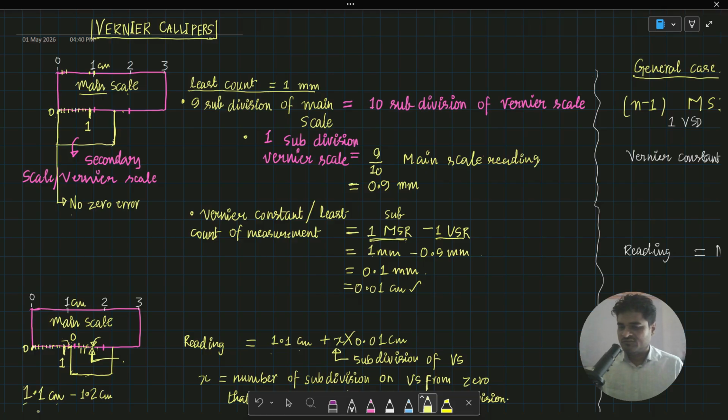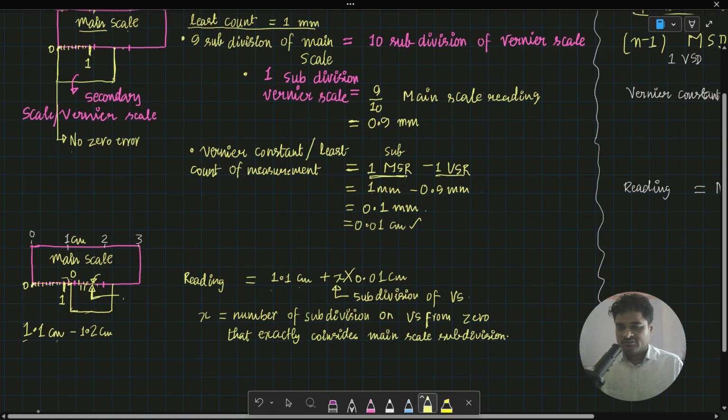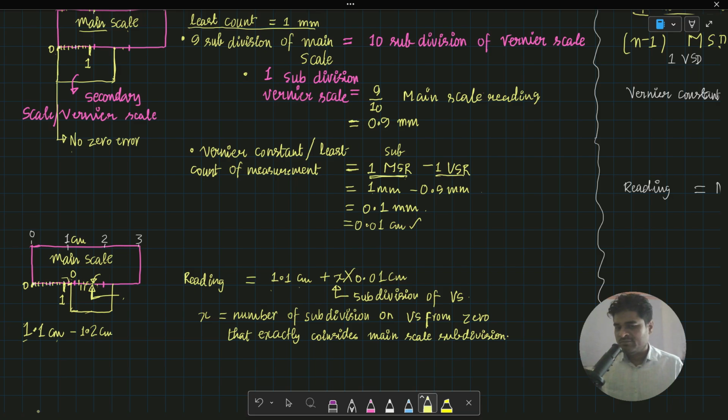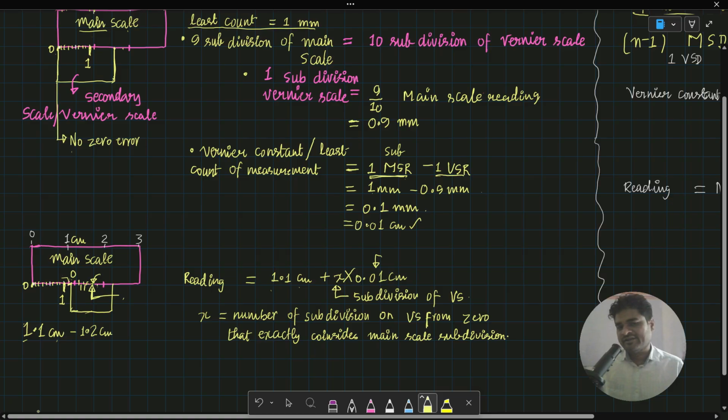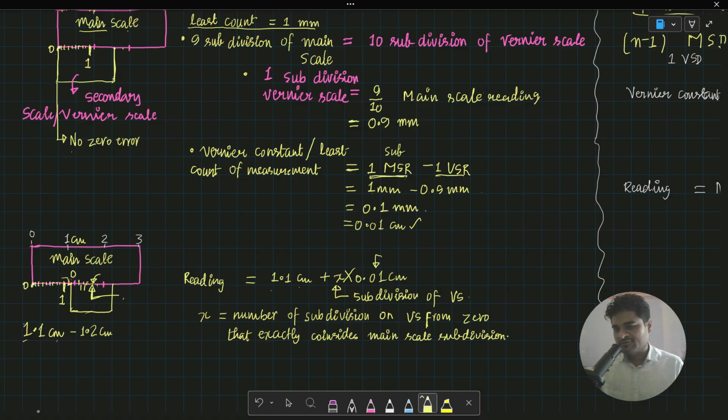So how is that measured? Let's say that is x number of subdivisions of Vernier calipers. We will write 1.1 centimeter plus least count of the Vernier calipers into the number of subdivisions of Vernier calipers from 0.